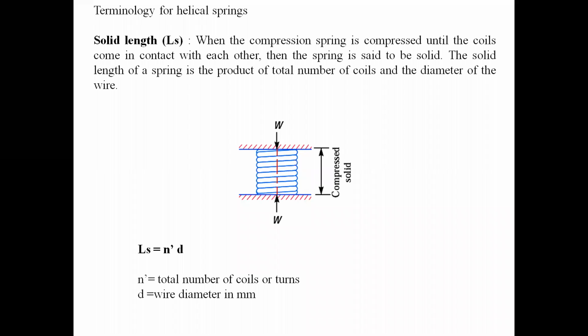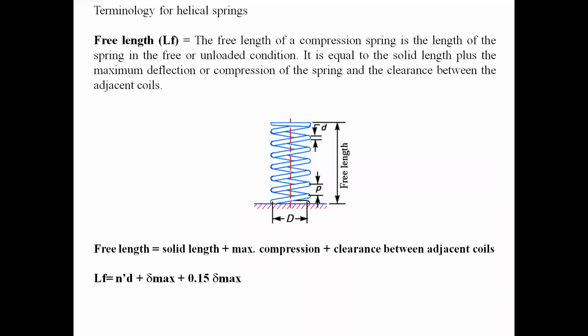After the solid length, the second terminology in front of you is the free length. What is free length? Now remove the load. You can look at the picture. In that picture, you'll find that there is no load on the spring. If there is no load on the spring, it is in the free condition.